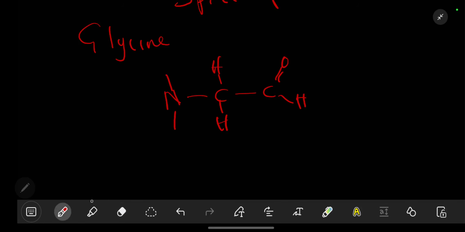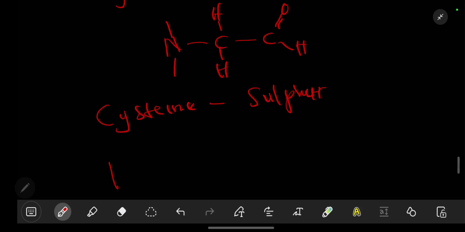We have other special groups such as cysteine. Cysteine is special in the fact that it has a sulfur on the side chain, which is able to combine to form disulfide bonds. We also have other special things such as proline.